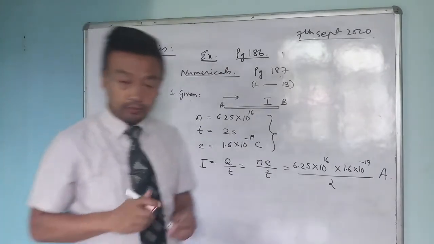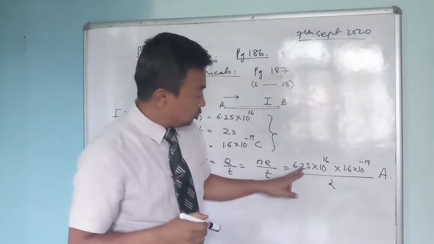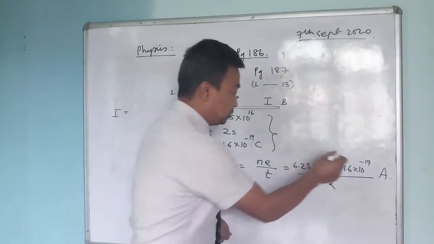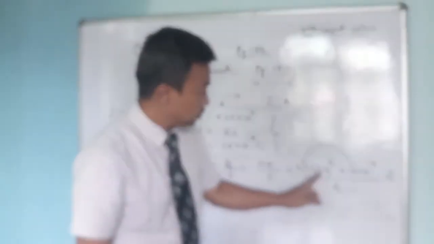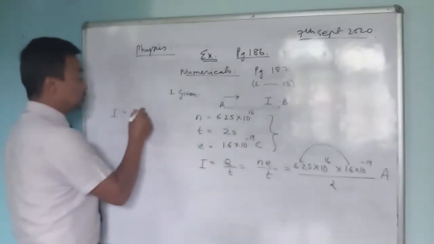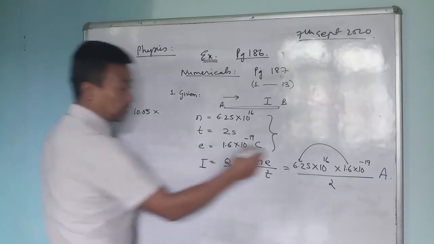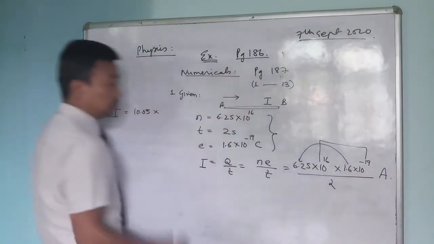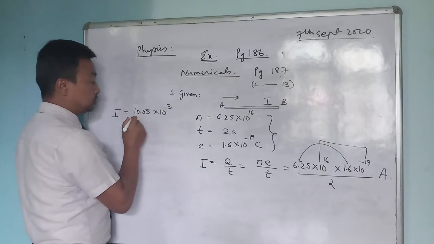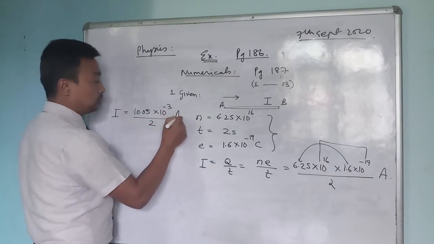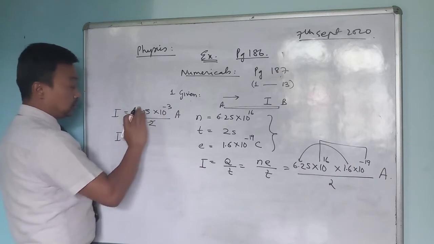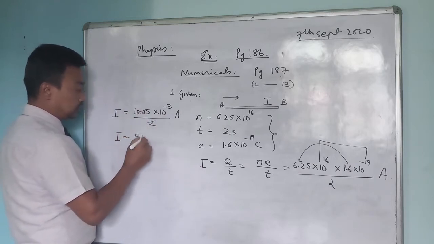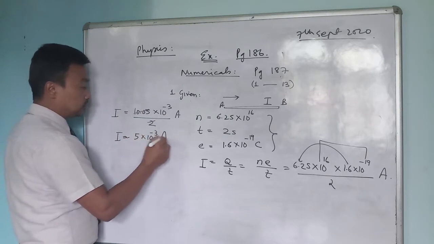Now if you see there, 6.25 into 1.6, suppose you multiply this, it will come to roughly 10.05, something like that. Then using the law of exponents, it will be 10 to the power minus 3 upon 2 ampere. 2 into 5, 2 5s are 10. So roughly we can write 5 into 10 to the power minus 3 ampere.